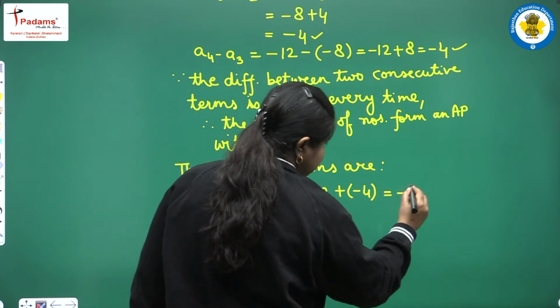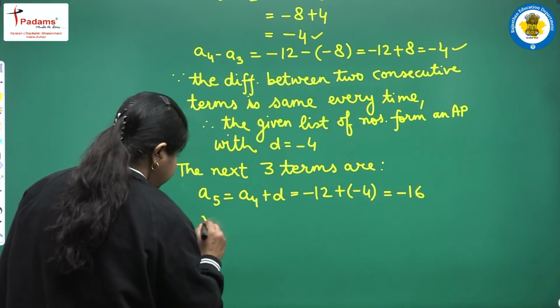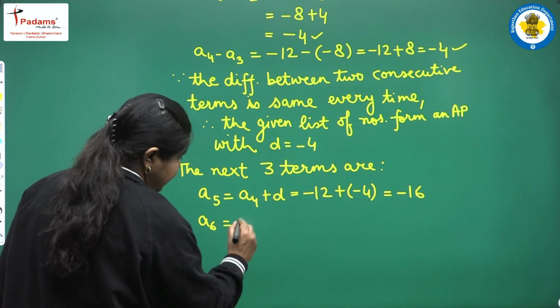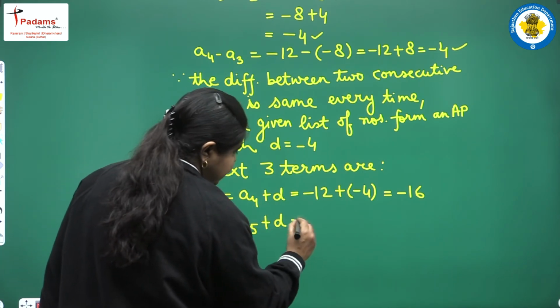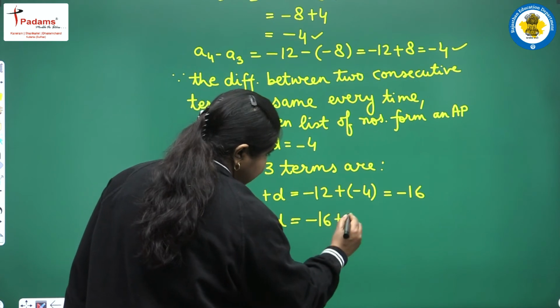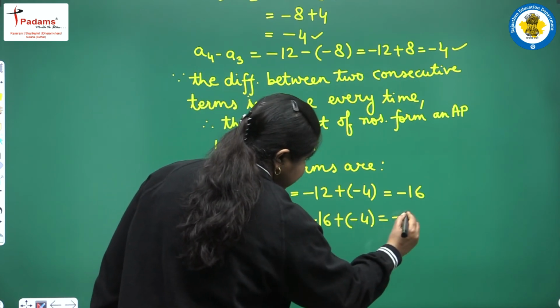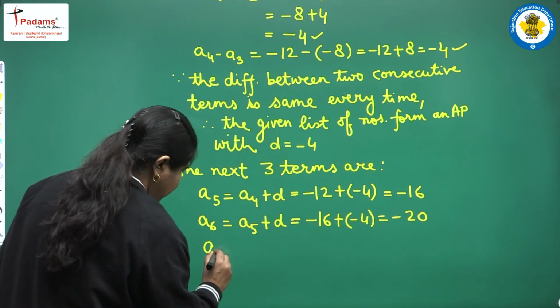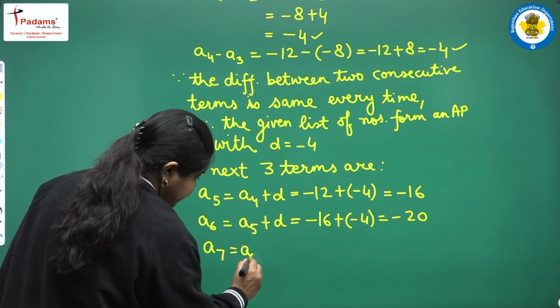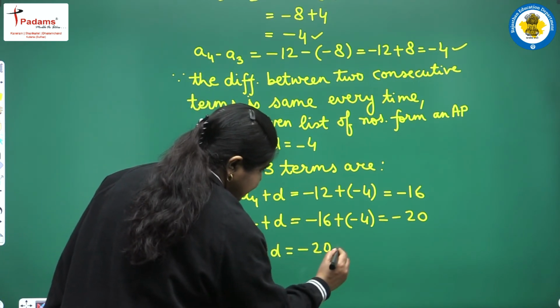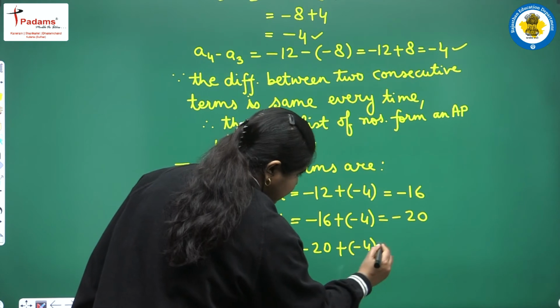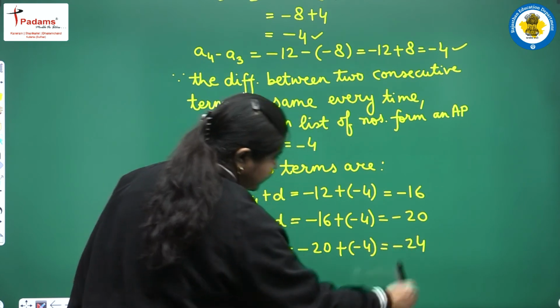This will be equal to -16. Then the sixth term, how we will get it? फिफ्थ टर्म में आप कॉमन डिफरेंस ऐड कर लीजिए, that is -16 में आप क्या ऐड कर लीजिए -4. It will be equal to -20 and now the seventh term will be sixth term plus the common difference and it will be -20 plus -4 equal to -24.